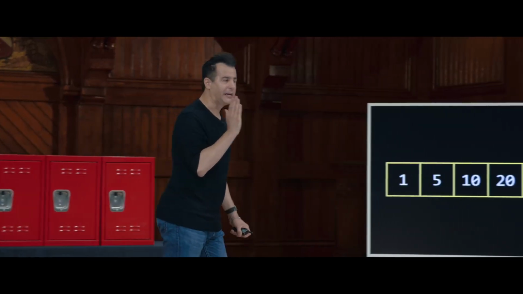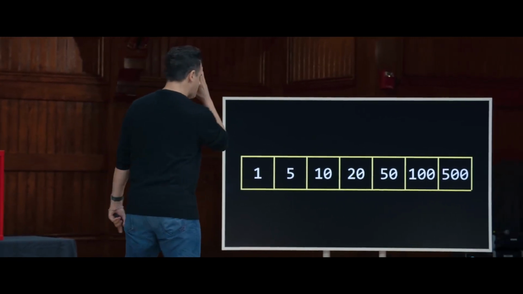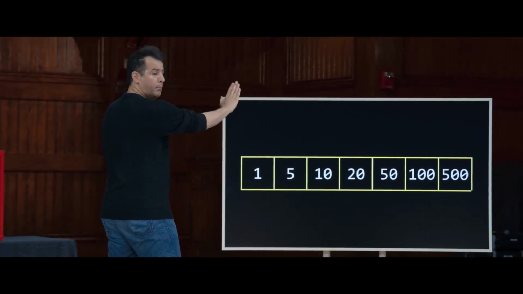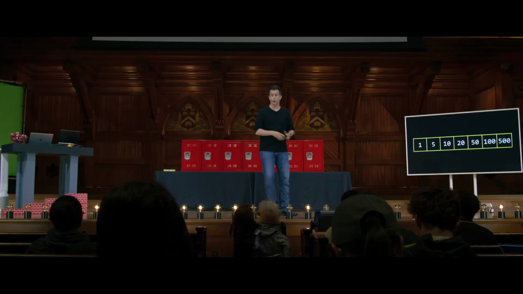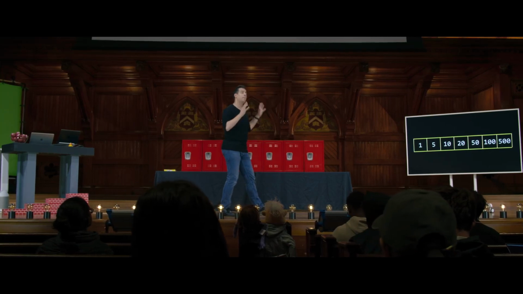But the computer, ironically, does not have that bird's eye view of its own memory. It can only look at each location one at a time. So if you really were to do this like a computer, you would have to shield your eye and only look at one number at a time from left to right, from right to left, or in any order in order to find, is the 50 actually there? You can't just take a step back and boom, it pops out at you.